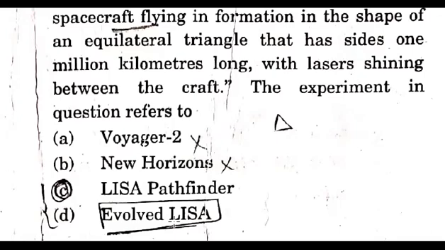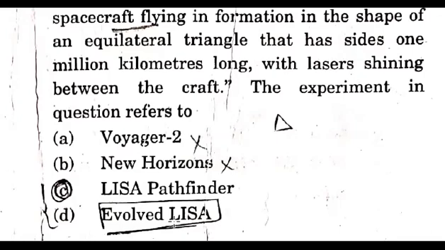Now the next option which is asked here is evolved LISA, or as you can say, evolved laser interferometer space antenna, eLISA. This was planned to use three separate but not independent interferometers.